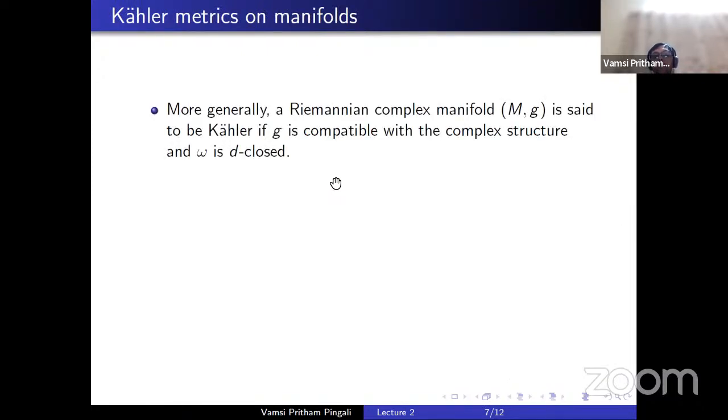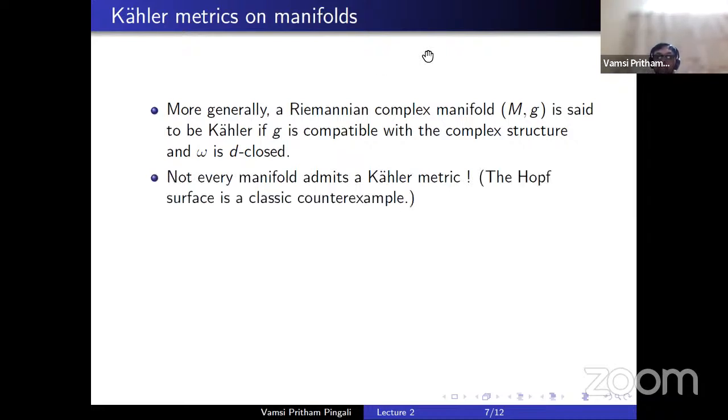So Kähler manifolds are special kinds of complex manifolds with special kinds of Riemannian metrics. Unfortunately, not every complex manifold admits a Kähler metric. And the Hopf surface is a classic counterexample. If you take C² minus the origin and quotient it out by Z acting via multiplication by 2^n, it's diffeomorphic to S¹ × S³. And such beasts cannot be Kähler.